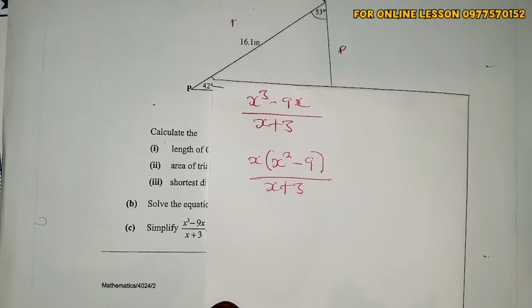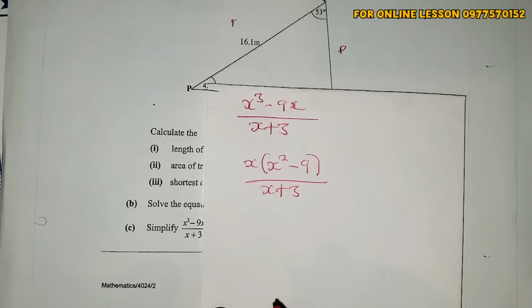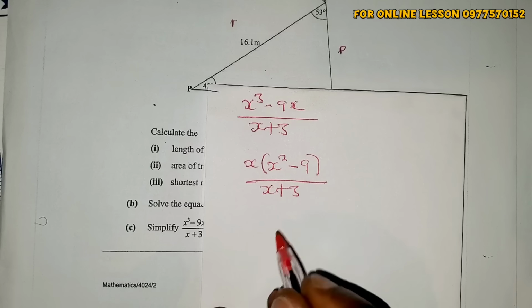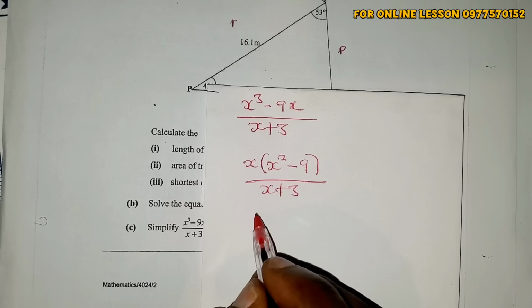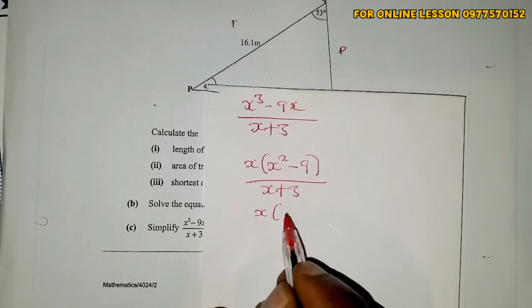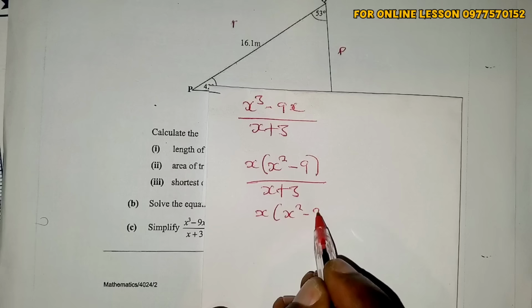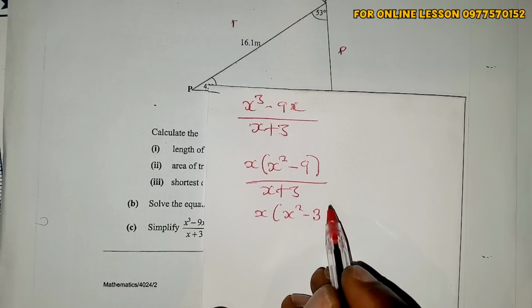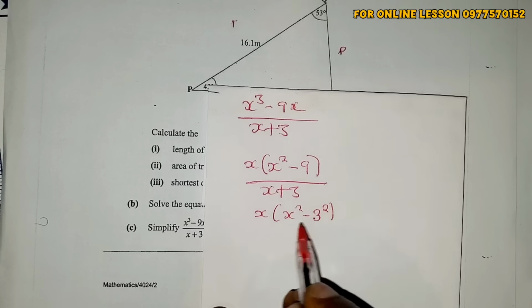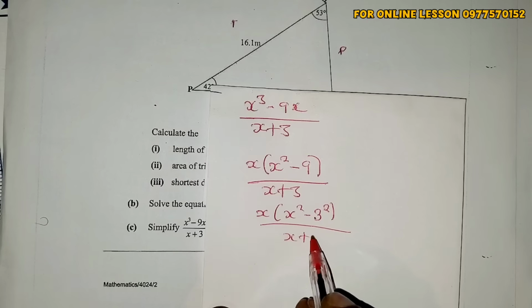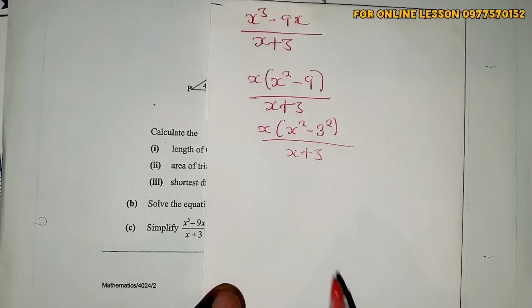Okay? Then what is inside here is a difference of two squares, so x squared minus 9 can be written as x squared minus 3 squared. Just showing you.